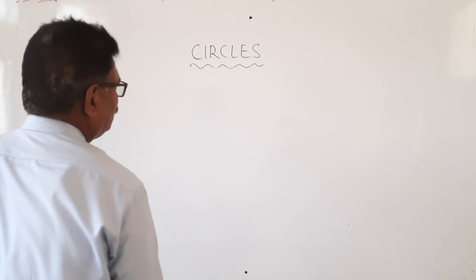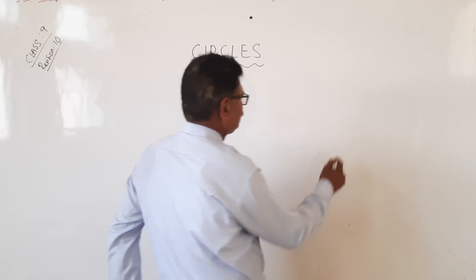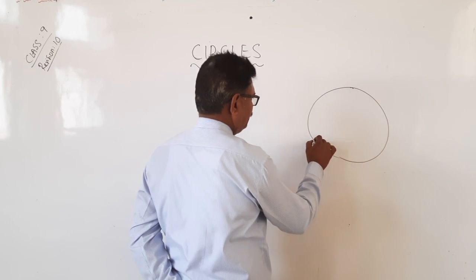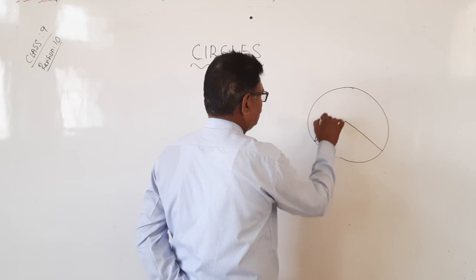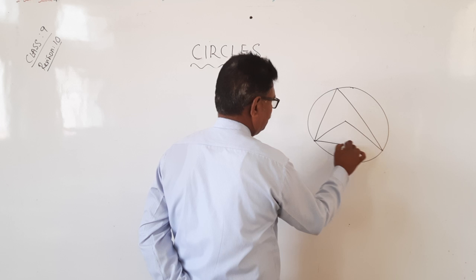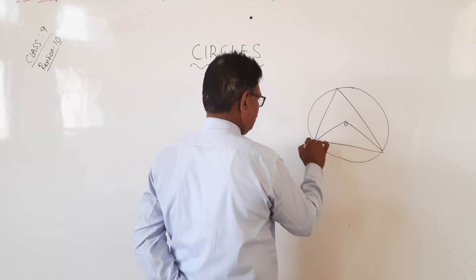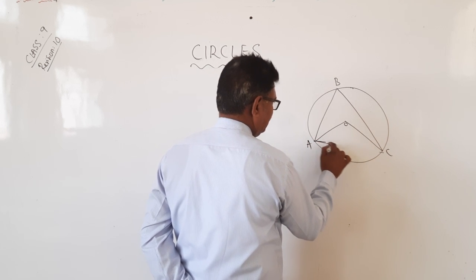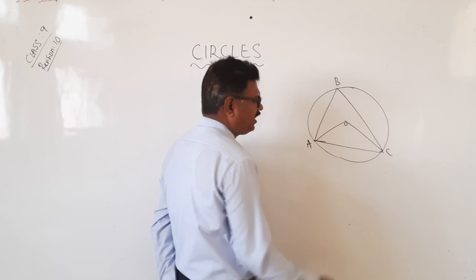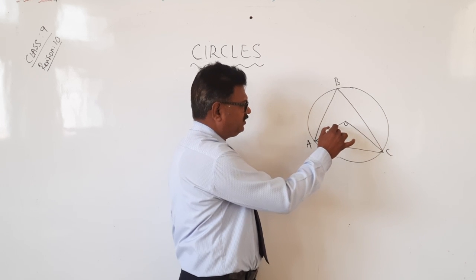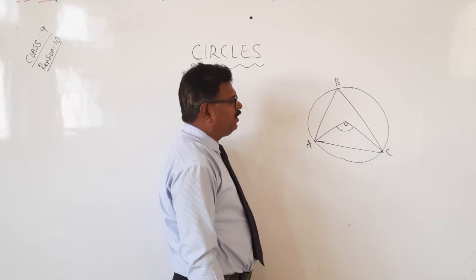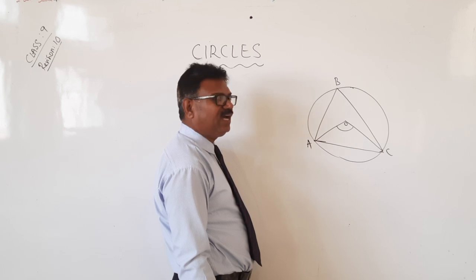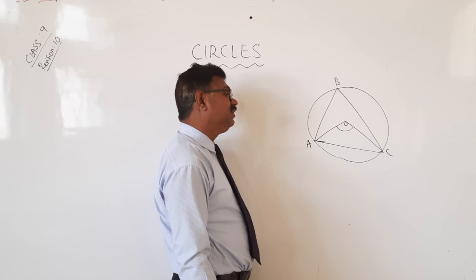One more very important theorem. The theorem says a chord subtends an angle at the center, and this will be equal to twice the angle which is subtended on the other side of the chord.